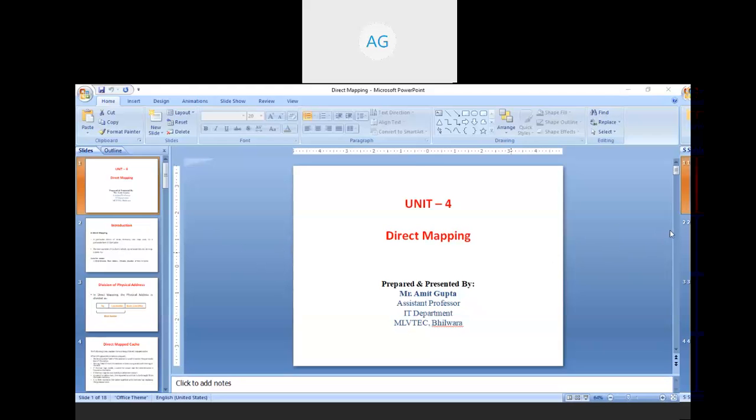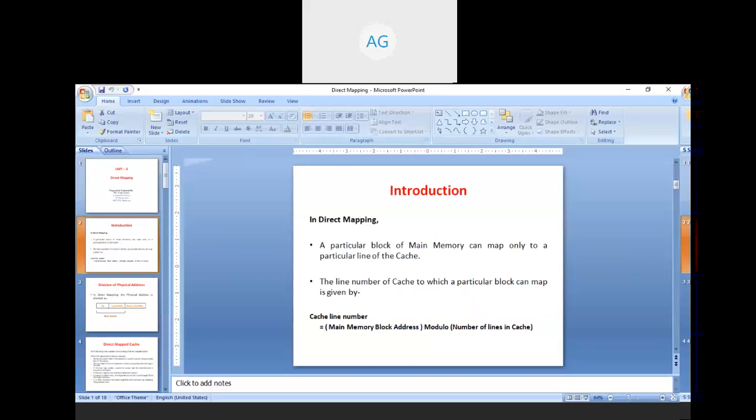We are going to start this topic. Basically, the introduction we already know, as we discussed in the last slide, that in direct mapping, a particular block of main memory can map only to a particular line of cache. The line number of cache to which a particular block can map is given by this formula. Just write this formula in your copy.